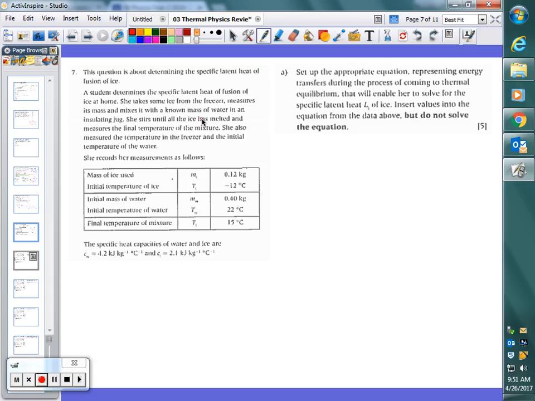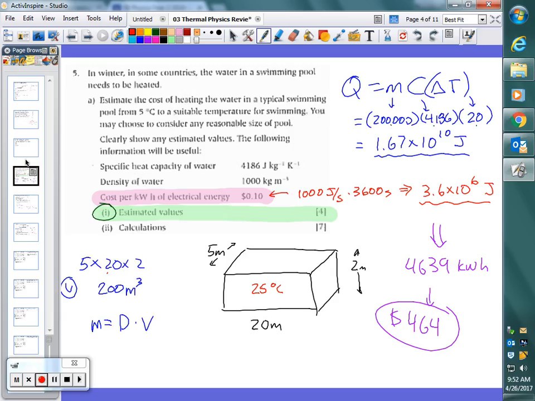This question is about determining the specific latent heat of fusion of ice, okay? We talked about, at the beginning of today, this equation is great for determining the energy required to either heat something up or cool something down, as long as it's the same state of matter.